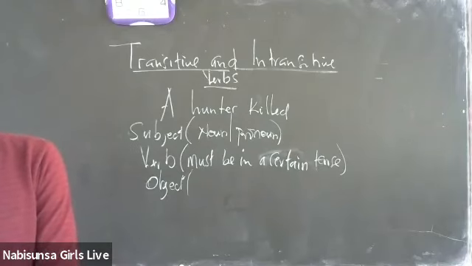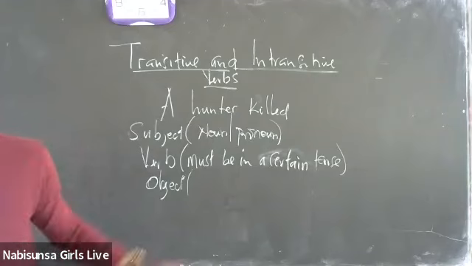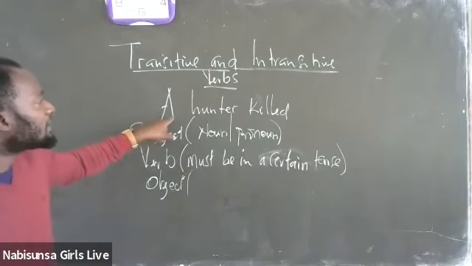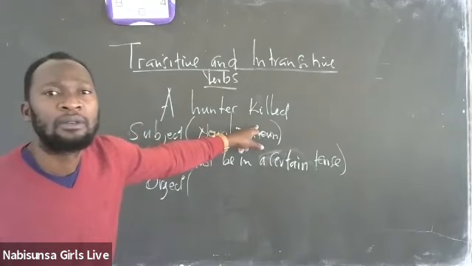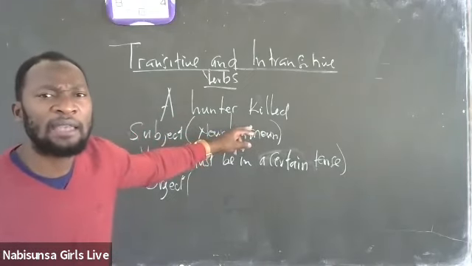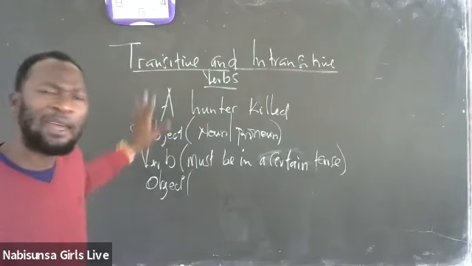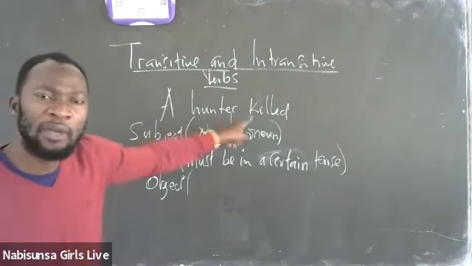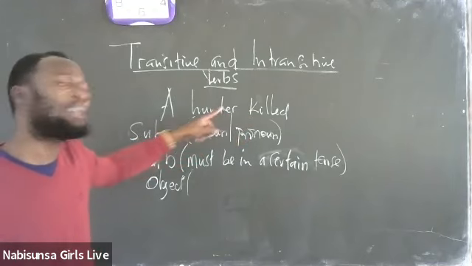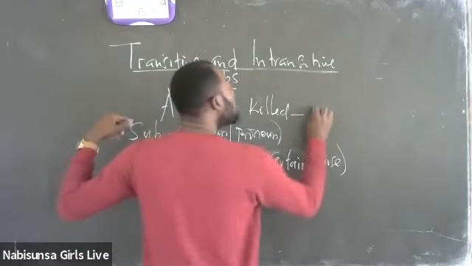Are we there? So when we look at a hunter killed, write this, class. Write it in your books so that you don't forget. A hunter killed, this sentence is incomplete.